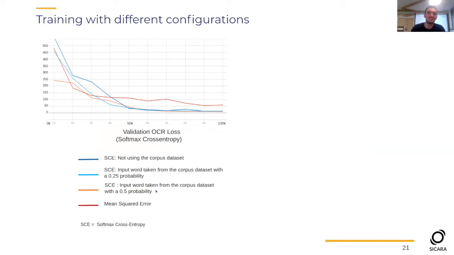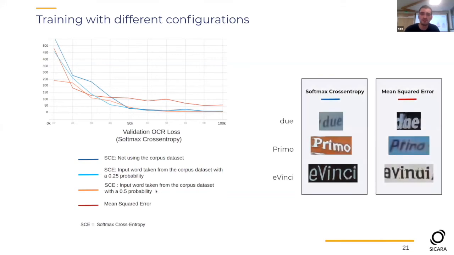As you can see, when training with the mean squared error, the softmax cross entropy is about 5 times larger than when actually training with the softmax cross entropy, which basically means that it is 5 times worse at generating words. Here are a few examples of word generation with the first and the fourth model, so with the softmax cross entropy or the mean squared error.